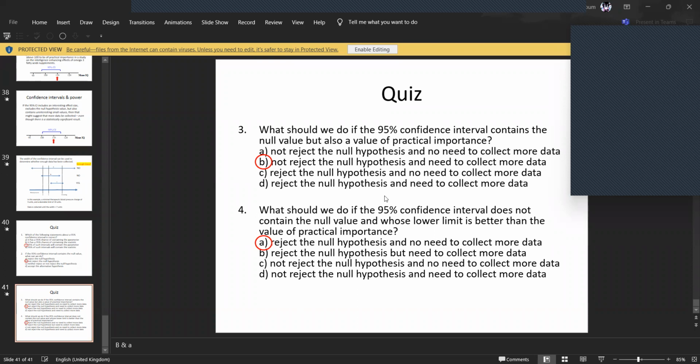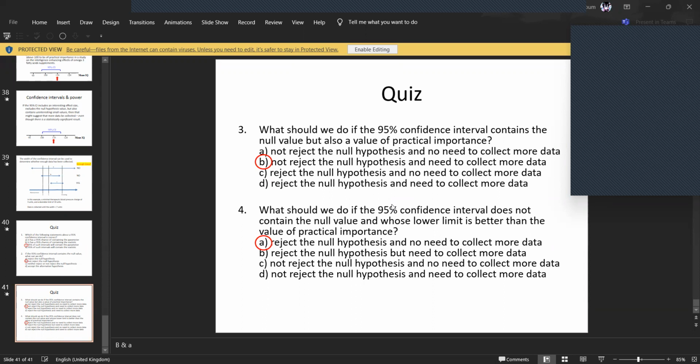So what should we do if the 95% confidence interval doesn't contain the null value and its lower limit is better than the value of practical importance? What that means is that the confidence interval doesn't contain the null value, so reject the null hypothesis.